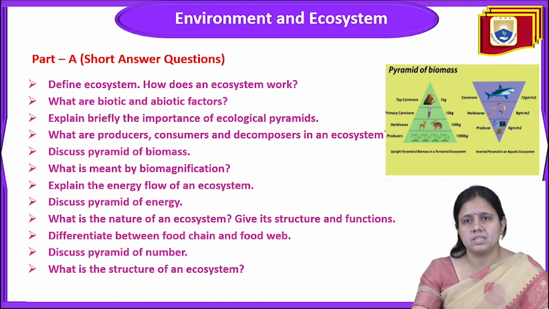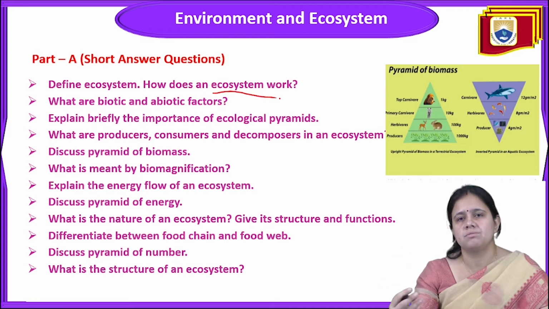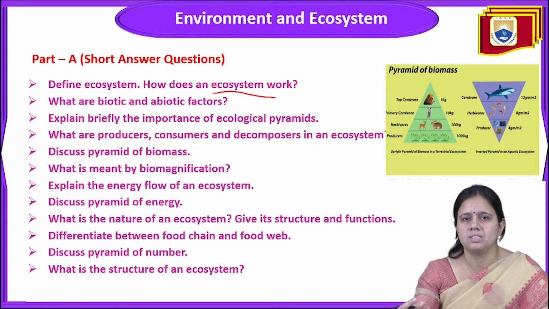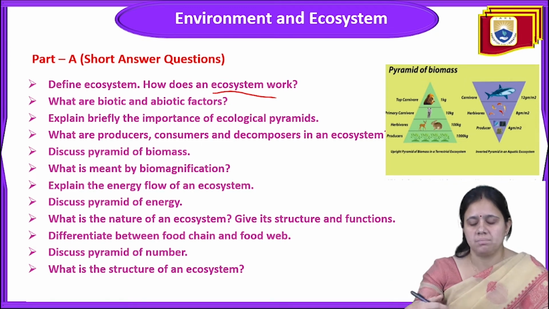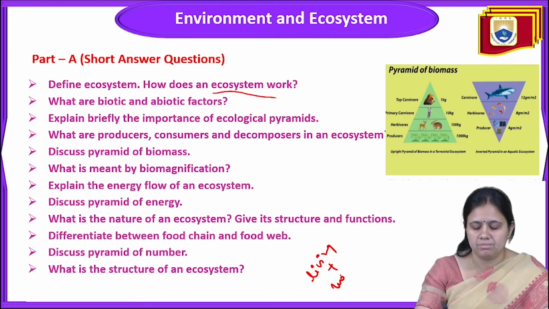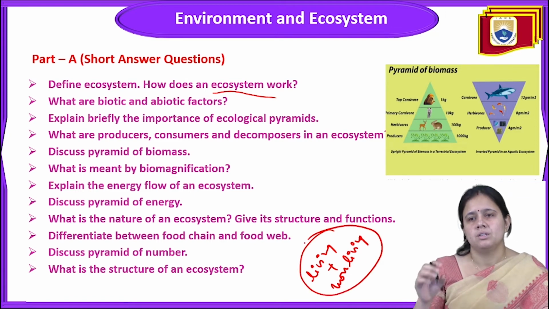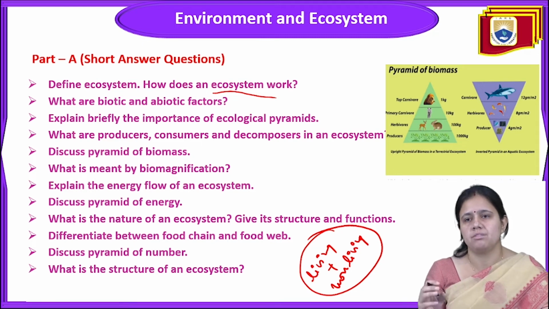And this ecosystem works through the interaction of organisms with their daily activities, from the relationship between the living factors and non-living factors that are present in their particular ecosystem. That is how it works.